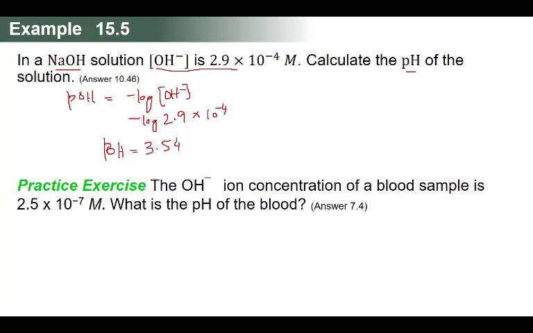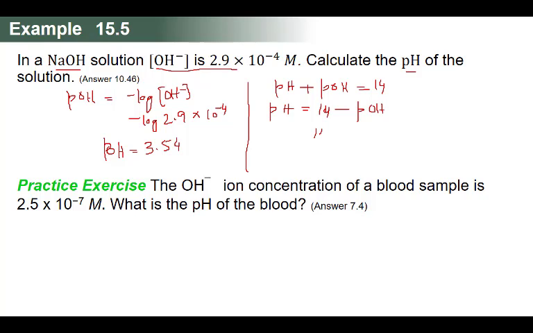So then we can calculate the pH by this formula, pH plus pOH is equal to 14. We want to calculate the pH, so pH will be equal to 14 minus pOH.